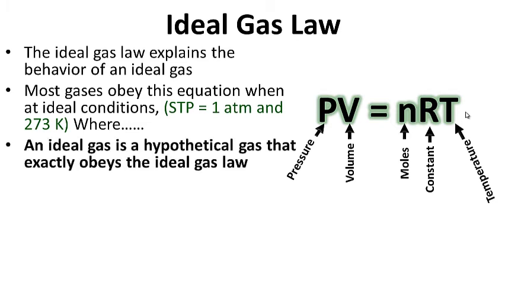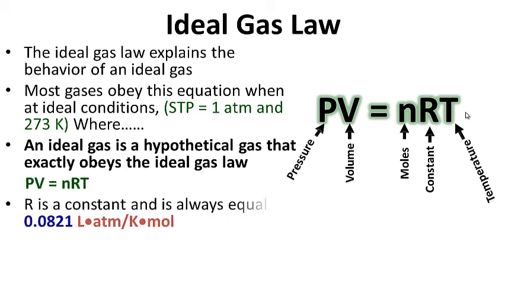So an ideal gas is a hypothetical gas that exactly obeys the ideal gas law. PV equals nRT. R is a constant and is always equal to 0.0821 liters multiplied by atmospheres divided by kelvins per mole.